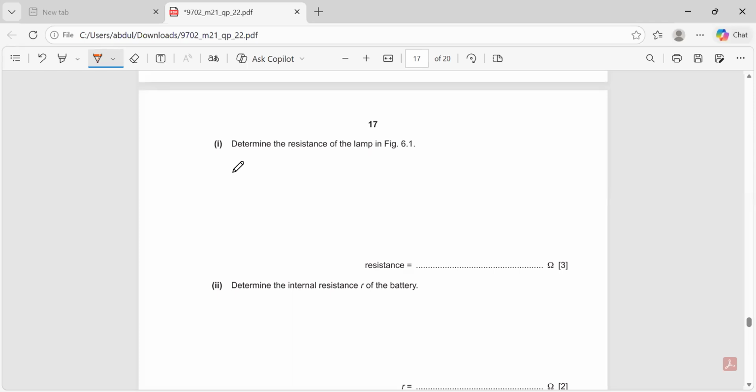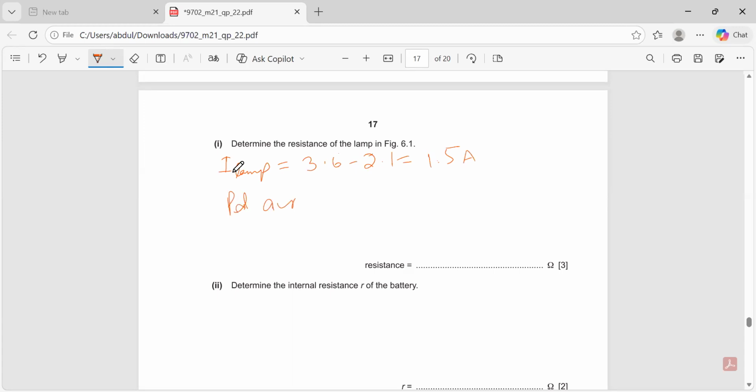As I did already, first we can calculate the current in the lamp. That comes to be 3.6 minus 2.1, which is equal to 1.5 amperes. Now we also need to know the potential difference across the lamp.